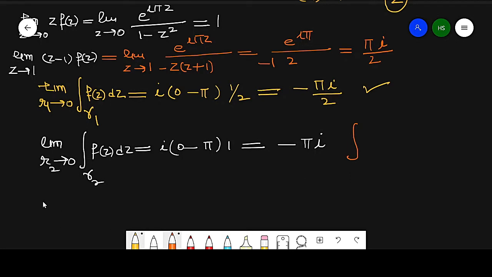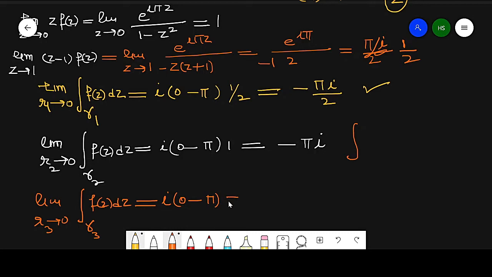So I write here: the limit as r3 approaches 0 of the integral around gamma 3 of f(z) dz. So this is iota, same line of action, 0 minus pi. And this value is cos pi, so this is 1 by 2.